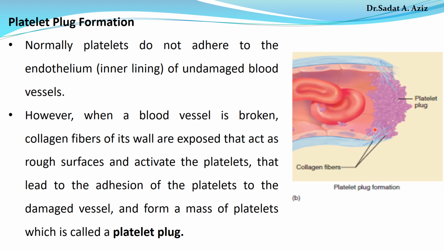When the platelets come in contact with the exposed collagen, they can be activated and directly attach to the collagen fibers. That leads to the adhesion of platelets to the damaged blood vessel and forms a mass of platelets, which is called platelet plaque formation.